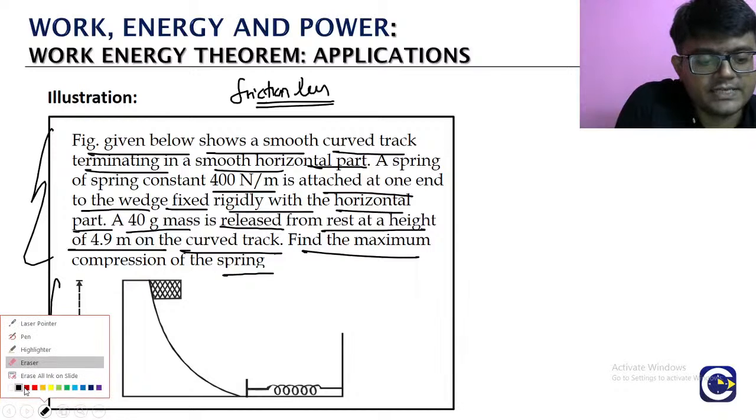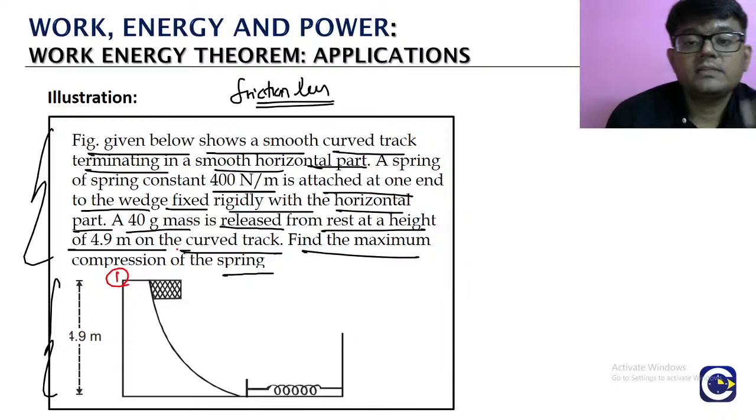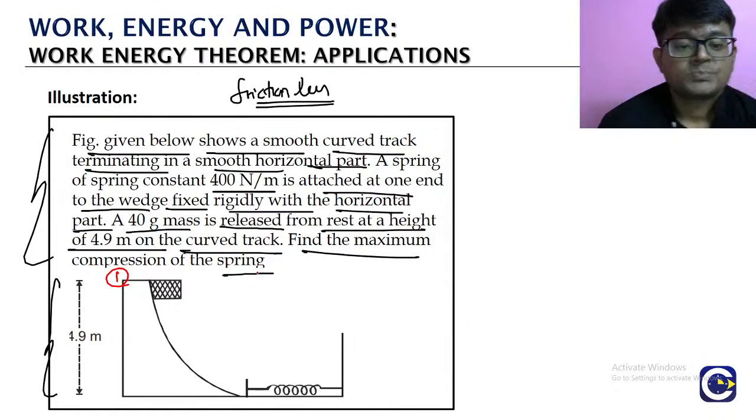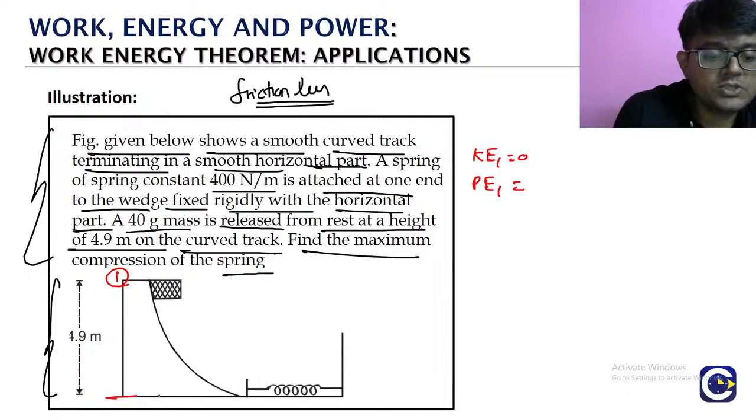Releasing means KE1 for the block is 0. What about PE1? Take the horizontal flat level as the reference, which means point 1 is at a height of 4.9 meters.